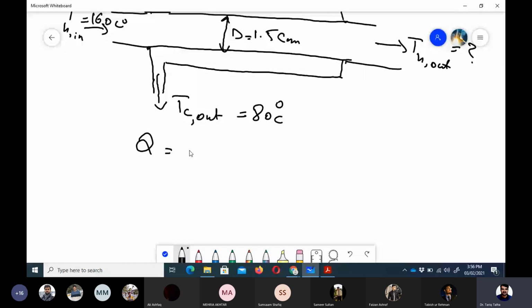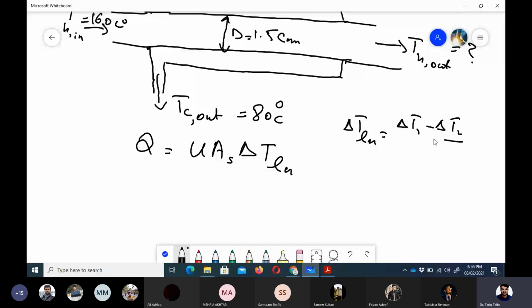Now, if we remember that for the logarithmic temperature difference, the formula is Q equal to U As into delta T logarithmic. So delta T logarithmic here is equal to delta T1 minus delta T2 upon natural log of delta T1 upon delta T2.